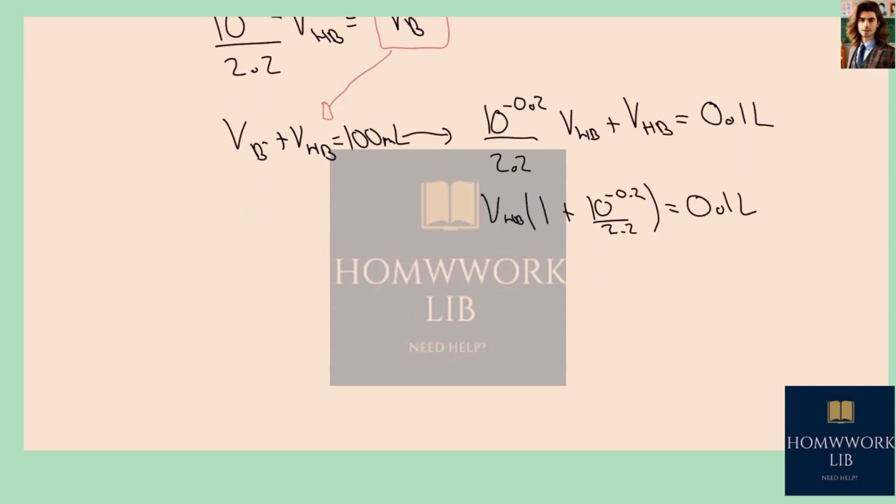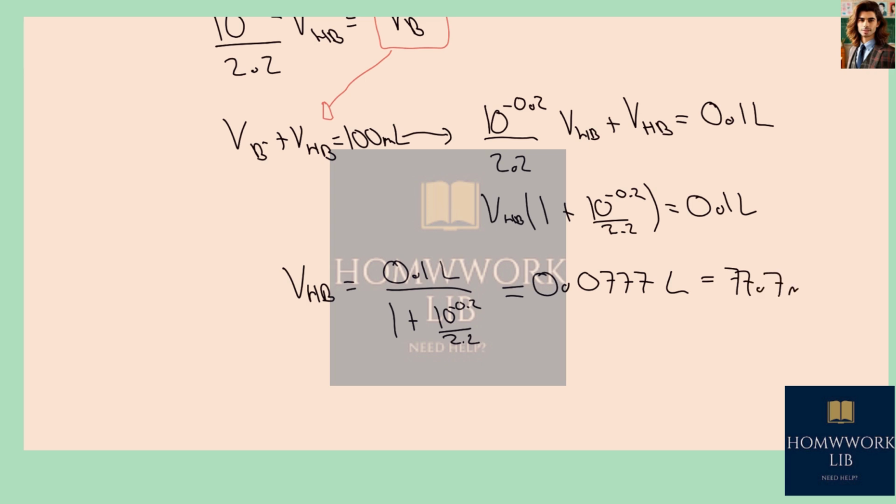And finally, the volume of HB is going to be equal to 0.1 liters divided by this factor of 1 plus 10 to the minus 0.2 divided by 2.2. This is going to give us 0.0777 liters, which is equal to 77.7 milliliters.